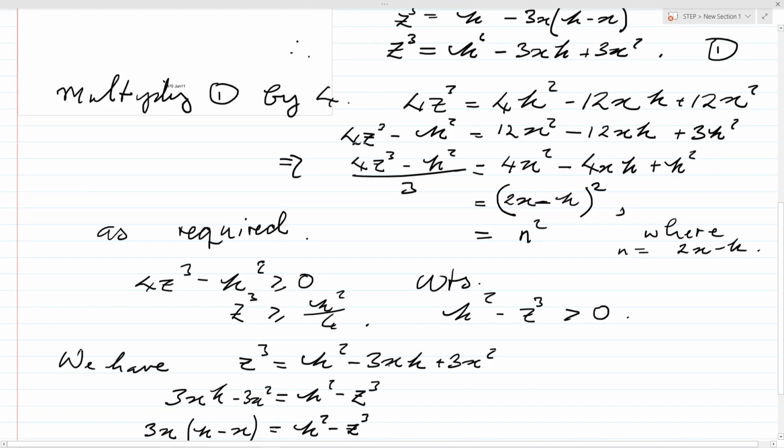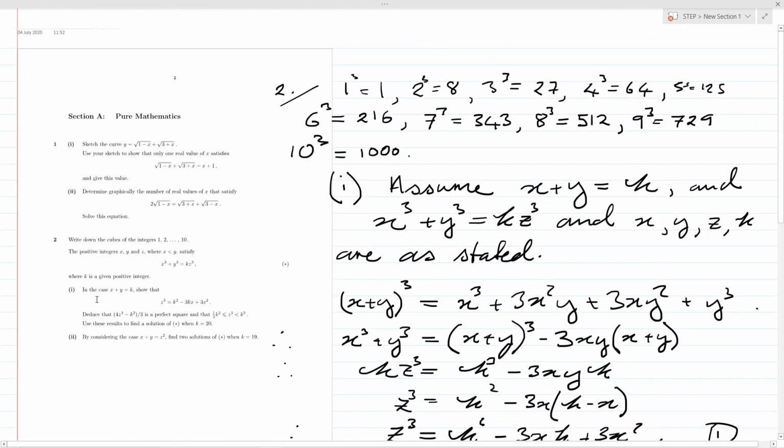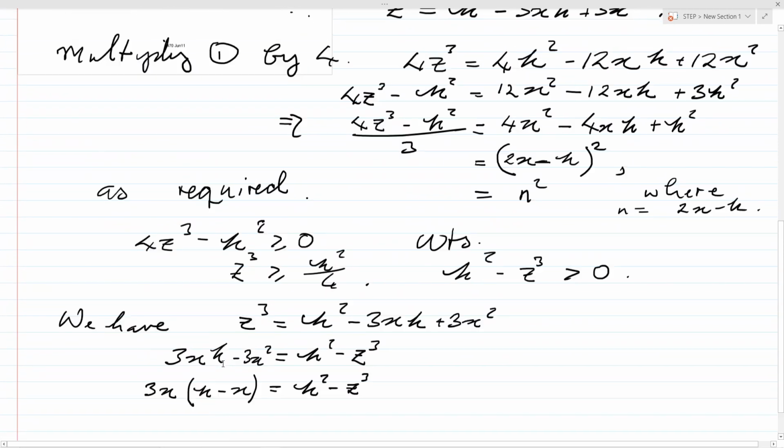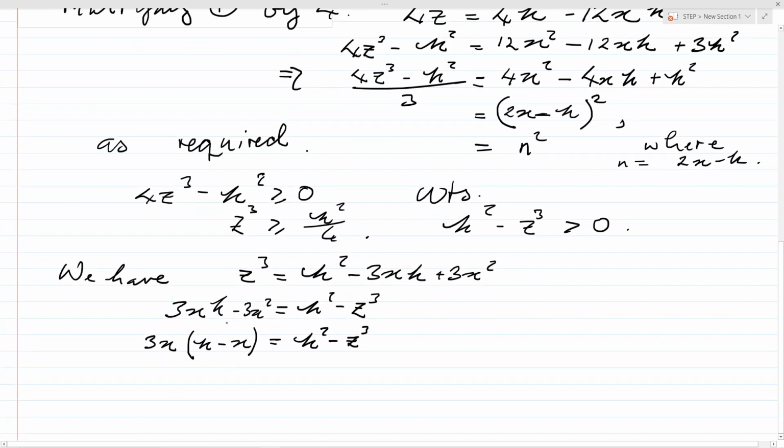But always look back to what you've been given, because that's the only obvious way you're going to solve a problem. So look back to your x plus y is equal to k. We don't know anything about the difference k minus x on its own, but we know that it's equal to y, so we just put that in.